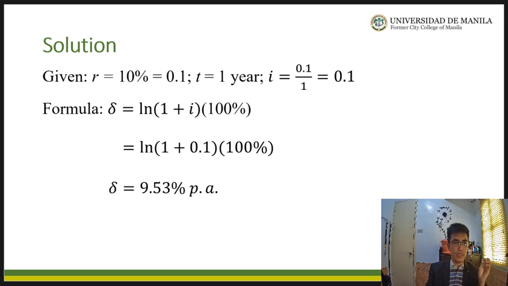So say, for example, you have an amount of 50,000 pesos invested for 1 year at a rate of 10%, it will just be the same if you invest it with a force of interest of 9.53% per annum, whether for 1 year, 5 years, or 10 years. Ganon din dun sa rate which is 10%. That's the idea there.